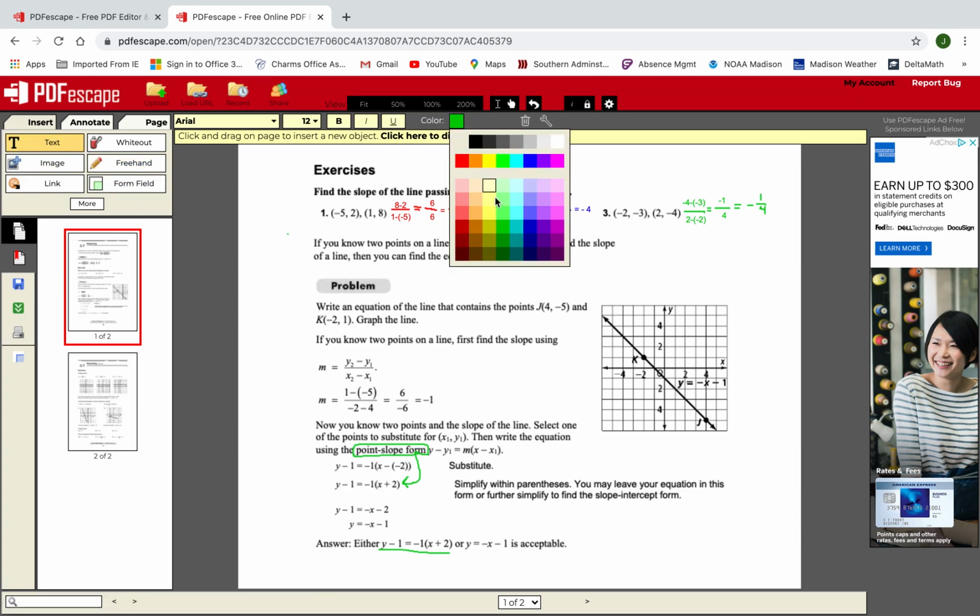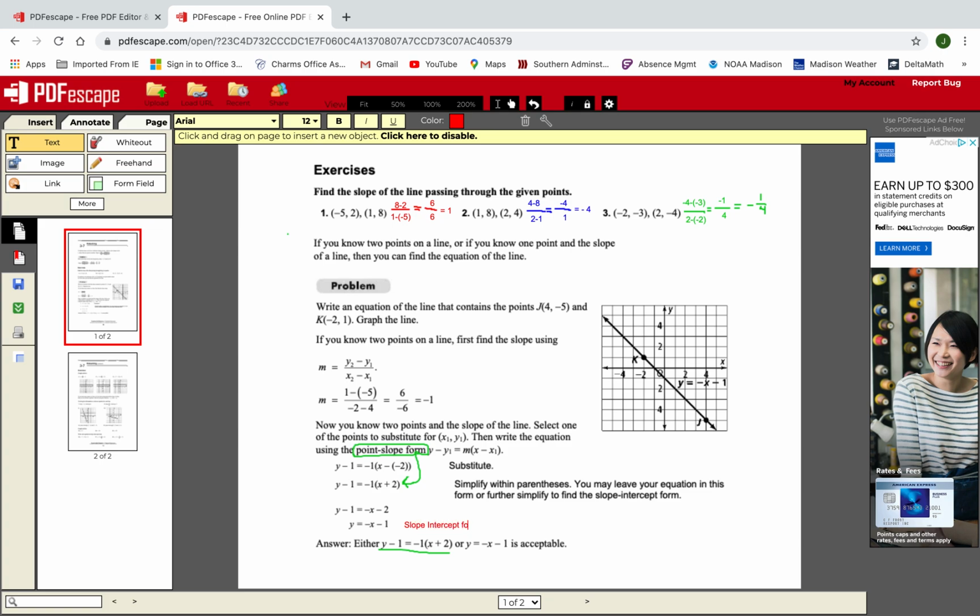So let me switch colors here just so we can signify the different form. So this actually is slope-intercept form. So that's a perfectly valid form also. And see, all they did here was distribute the -1 through the parentheses. So -1 times x is -x, and -1 times 2 is -2.